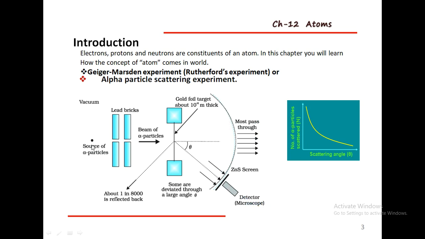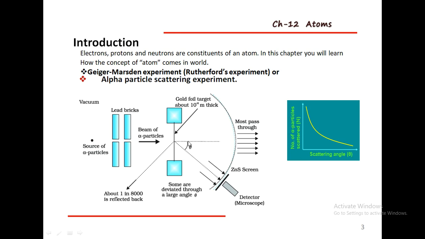Whenever the beam of alpha particles from the source passes through the lead slit, the single beam falls on the gold foil, and almost all alpha particles will be scattered in this direction.